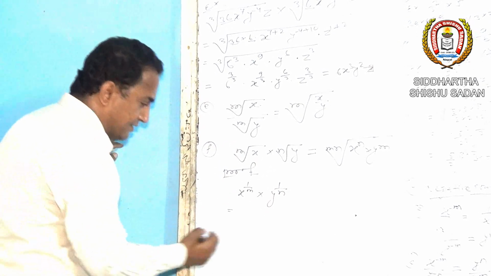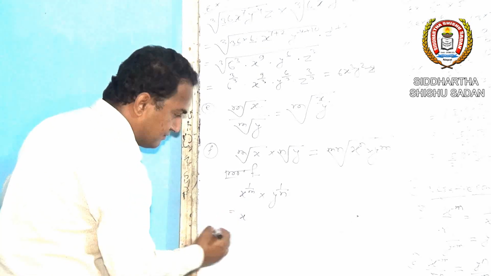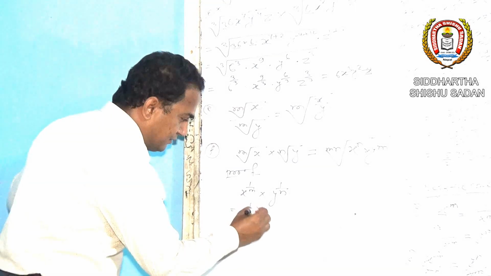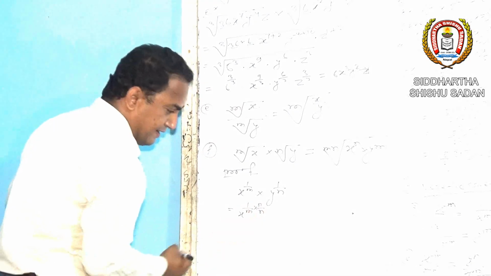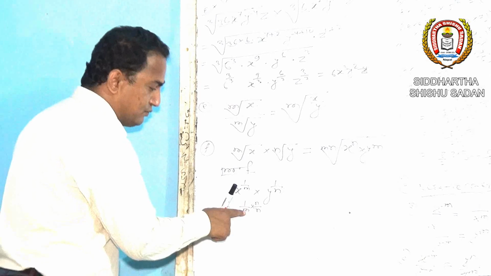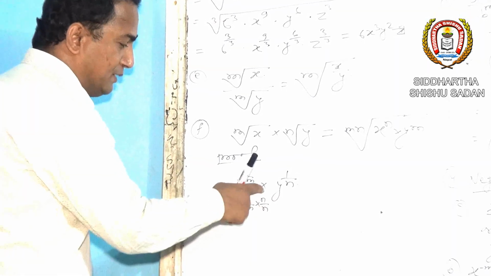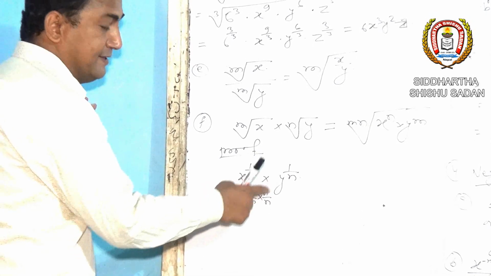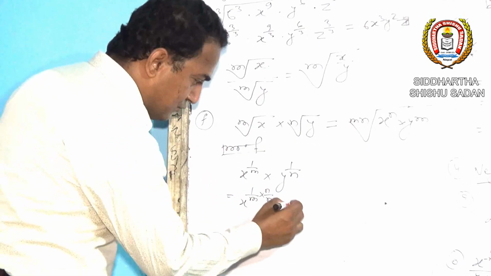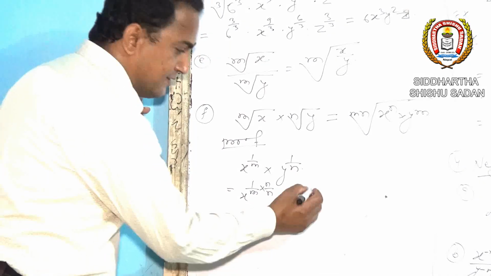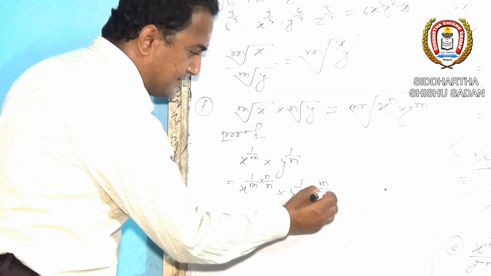That's why in that condition, x to the power 1 by m into n by n. To make mn in the denominator, we have to multiply both numerator and denominator of the power by n, and y to the power 1 by n, and we have to make mn over here, that's why we have to multiply by m.